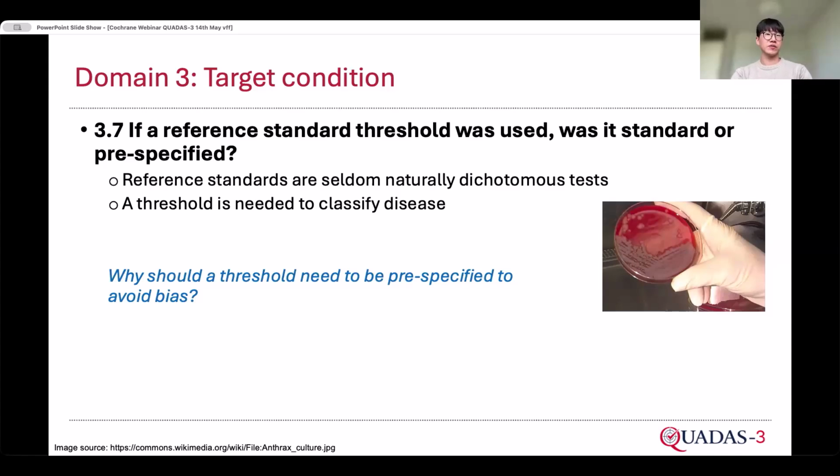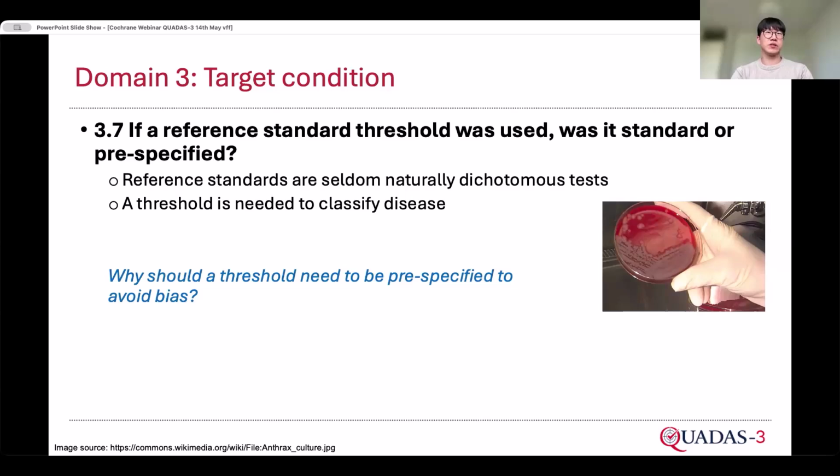So if you have, let's say, two different possible thresholds for a given reference standard, that means that you can create at least two 2x2 tables, two data sets from which you can estimate sensitivity and specificity. And if you didn't specify the threshold in advance, you can see which of the two data sets gives you a more desirable result, more desirable sensitivity and specificity estimates.